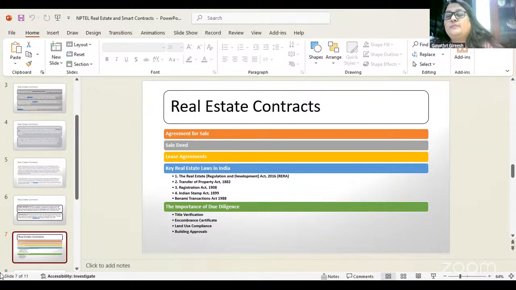The basic documents for real estate contracts would be, first, an agreement for sale. When you are a buyer of an apartment or any land or a site, you would initially have the agreement for sale, which then converts into a sale deed, and then it makes you an owner. The sale deed gives you a title of ownership.